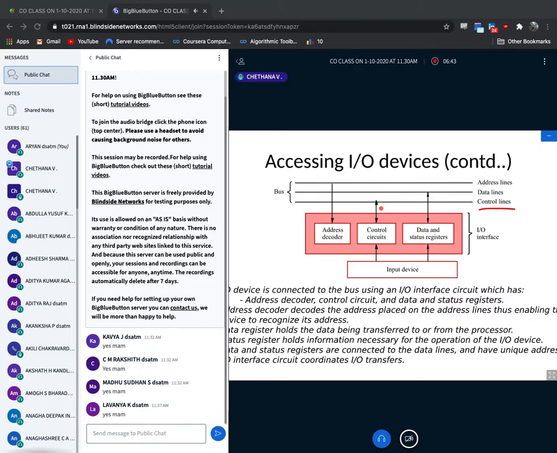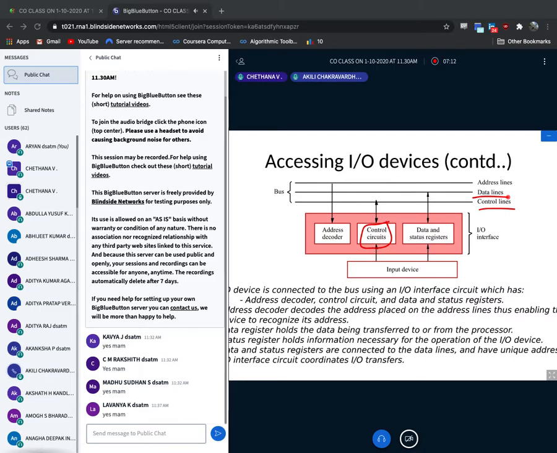Now, in a similar manner, we have one more line, that is the data line. I think you are able to see this data line. Here, data means which data you are going to write, to memory or to processor, or from an input output device. Either you can send the data or you can receive the data.